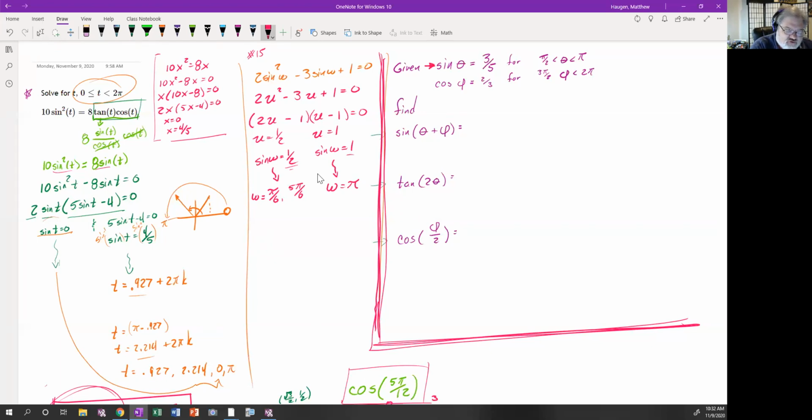Knowing that the sine of theta is 3/5, that is information about one angle or one part of a rotation or whatever we happen to be modeling. And we know some information about another rotation or another oscillating value. And we want to figure out what's going to happen when we combine these things.